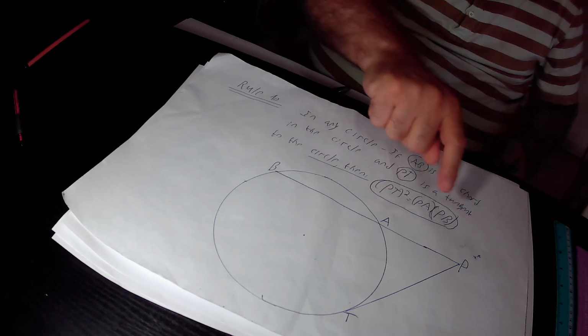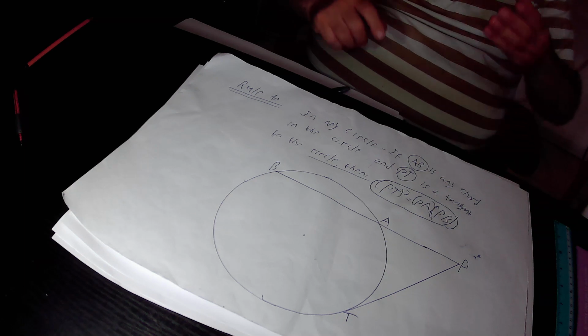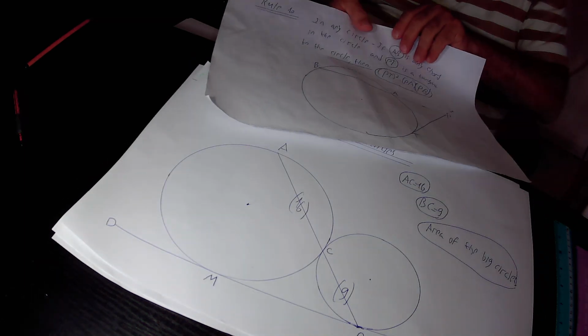Again, PT squared equals PA times PB. We can definitely implement rule 10 in our drawing.